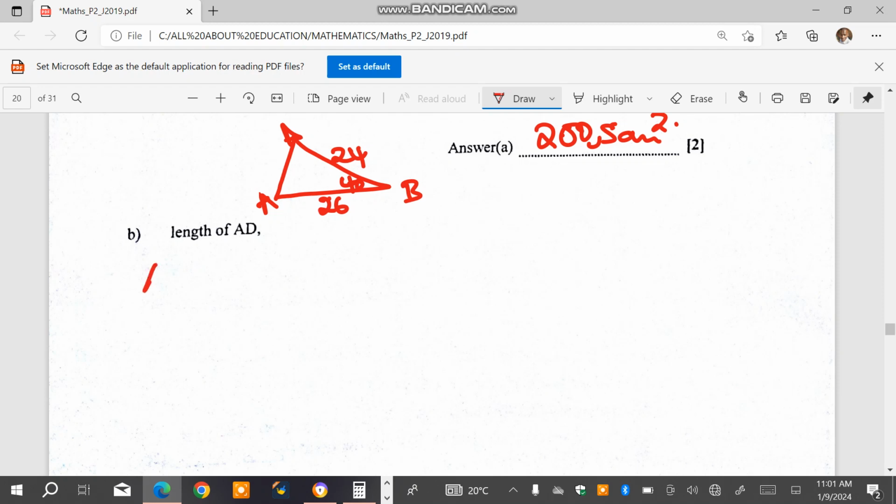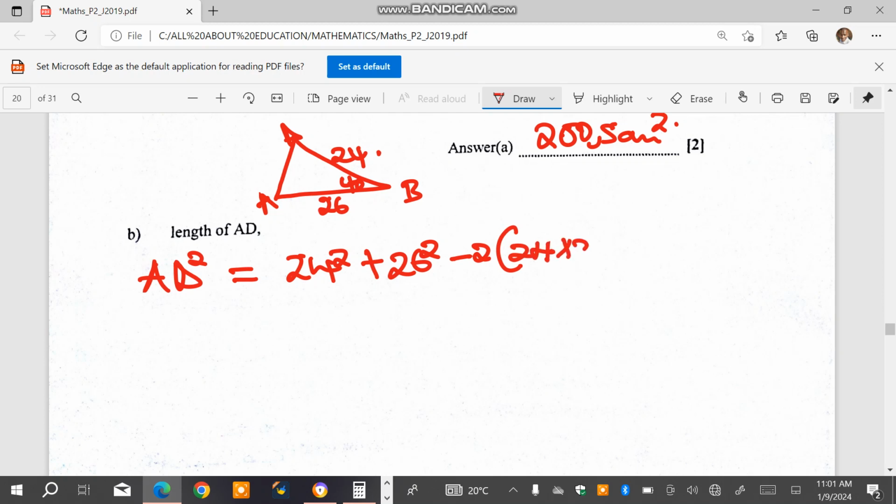You are going to say AD squared is equal to the given side squared, 24 squared, plus the other given side squared, 26 squared, minus 2 times the given side times the given side, times cos of the given angle, which is 40.